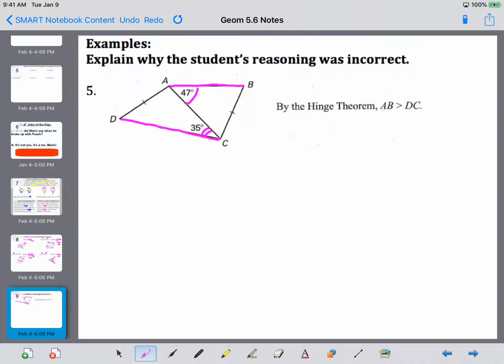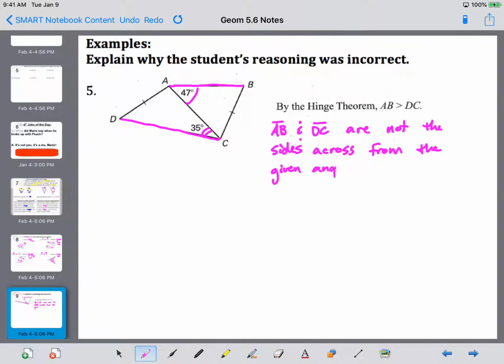They're actually adjacent. So they can't really say anything about these two sides, because segments AB and DC are not the sides across from the given angles. If that's not the case, you can't really say anything about the two sides. So, sorry, student, that is not true.